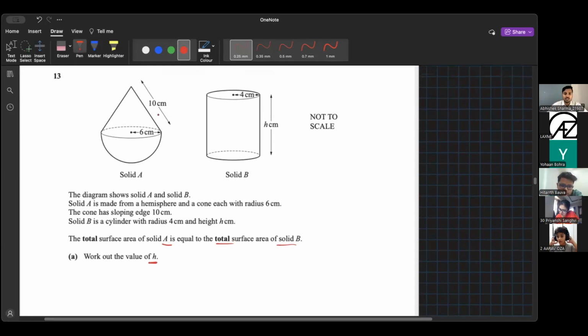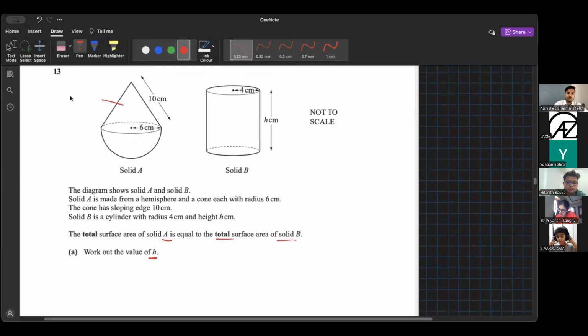Now, the total surface area of solid A will be the curved surface area of the cone plus the curved surface area of the hemisphere, right? So the curved surface area of the cone is pi r L and the hemisphere is 2 pi r square.